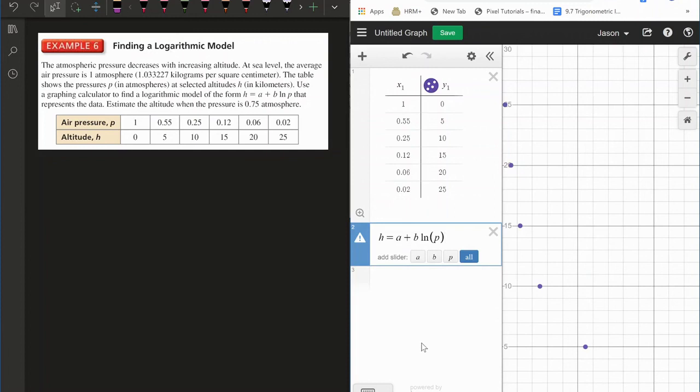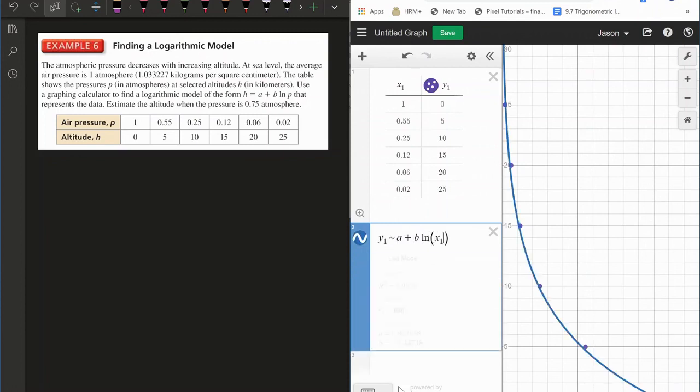Now I'm going to make a quick change because instead of h and p, I'm going to use x and y, putting them in the appropriate spots. And then again, it's not going to hit every point perfectly, so I'm going to use the approximate, and then I'm going to change this to x1 and y1. And there is my model right there.